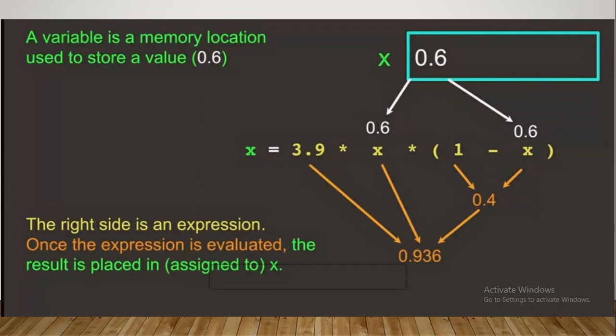So 3.9 into 0.6 into 0.4. Multiplying everything, you get a value 0.936. So that is where x is again reallocated with 0.936. That's it, and that's the working thing.